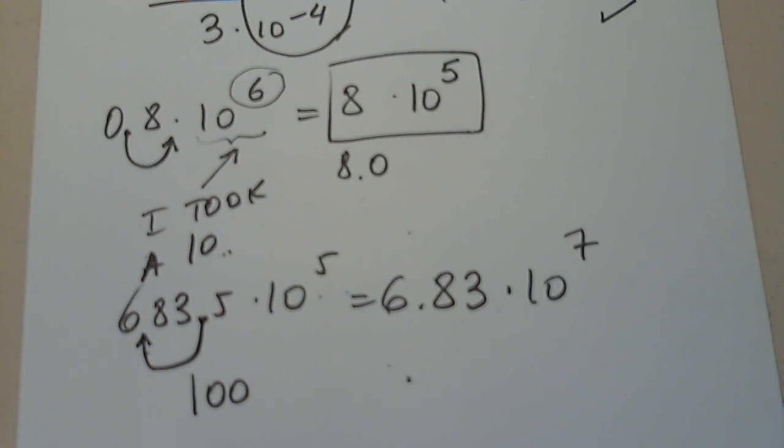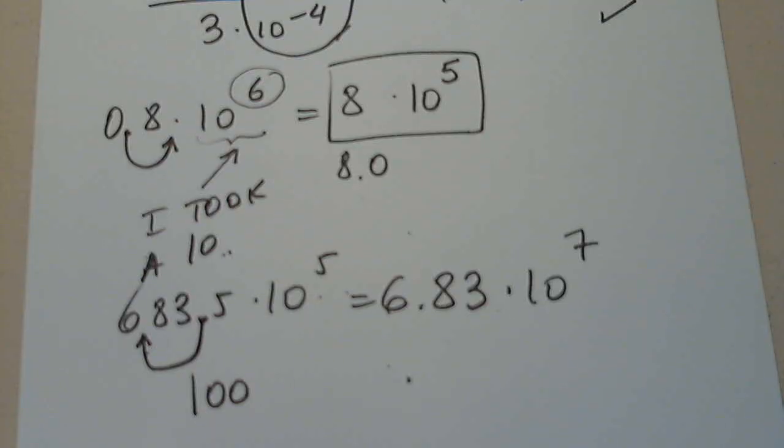Let's see what the calculator does. I'm just curious now. I've never done this before with the calculator. I never needed to, but now it's a question. Let's see what happens if we write 683.5 EE 5. I'm just curious to see if it changes it correctly. It should. Oh, it doesn't.